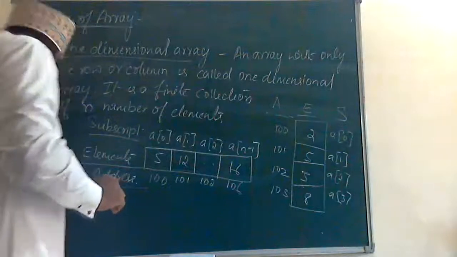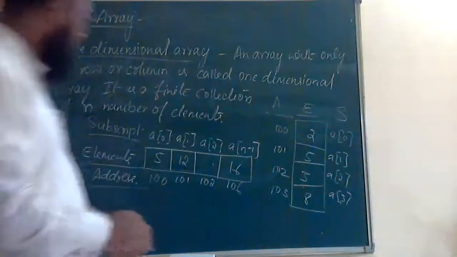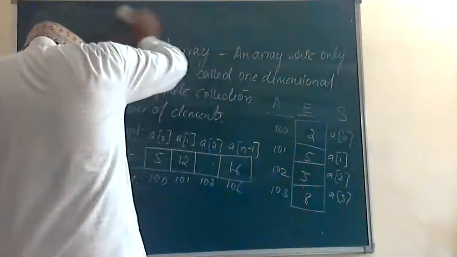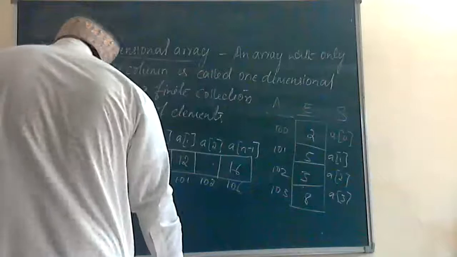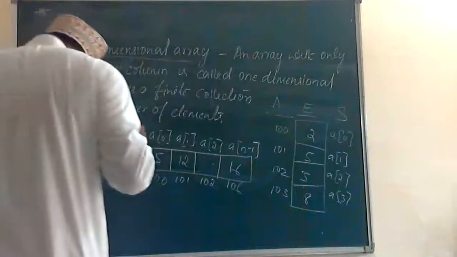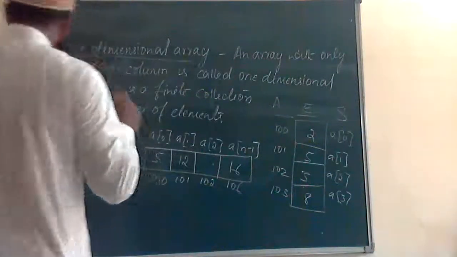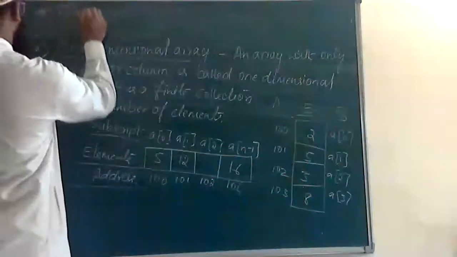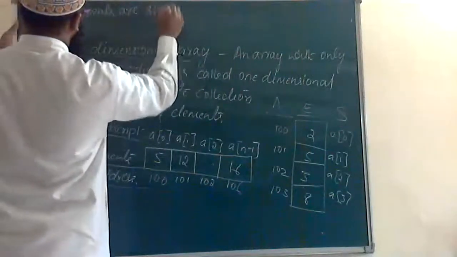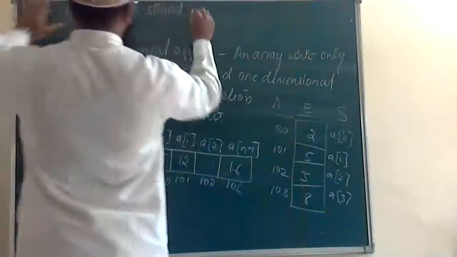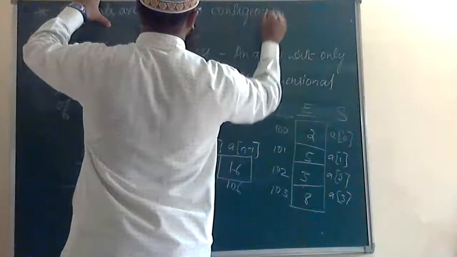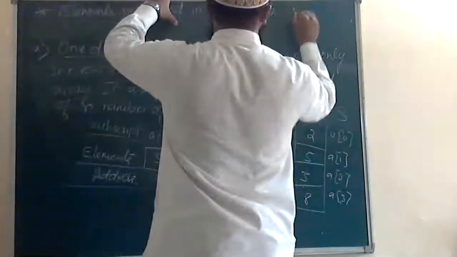Here some rules are there for a one-dimensional array. What are the rules for a one-dimensional array? I will write above here. First one is: elements are stored in contiguous memory locations.